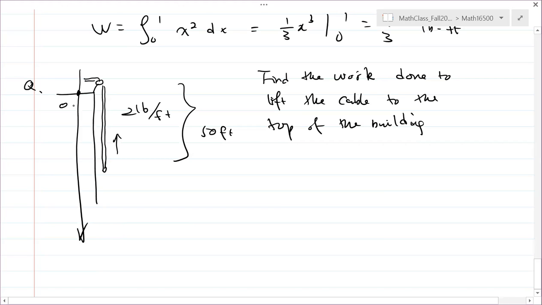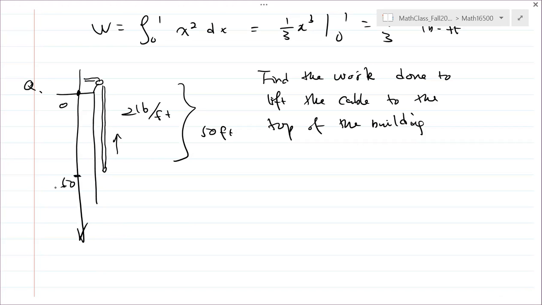Let's try this: this is 0, this is 50. I prefer it like that, going down. So from 0 to 50, because 50 is the initial position. It's not one point, it's not like a box. When you lift the cable, it's not a box.